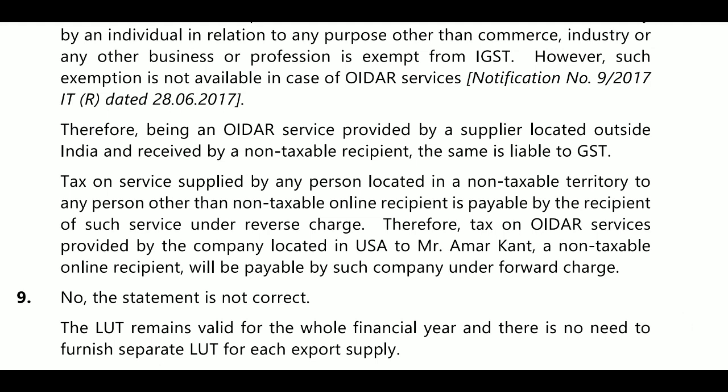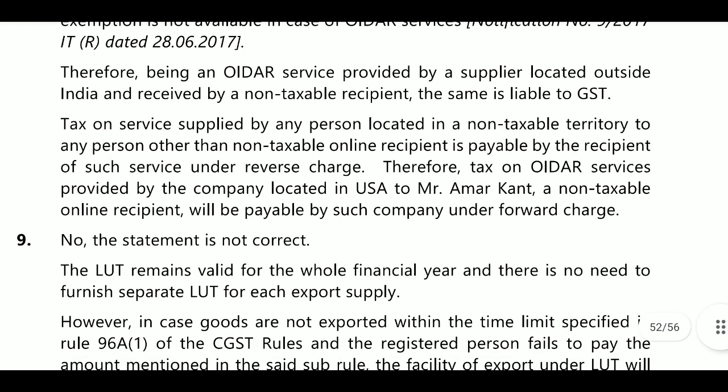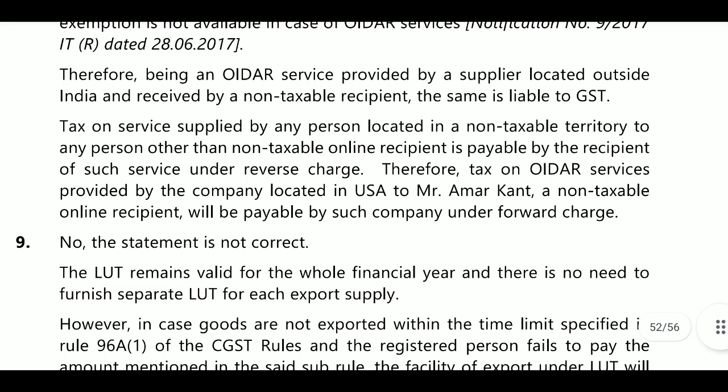Therefore, being an OIDAR service provided by a supplier located outside India and received by a non-taxable recipient, the same is liable to GST. The tax on service supplied by any person located in non-taxable territory to any person other than a non-taxable online recipient is payable by the recipient of such service under reverse charge.